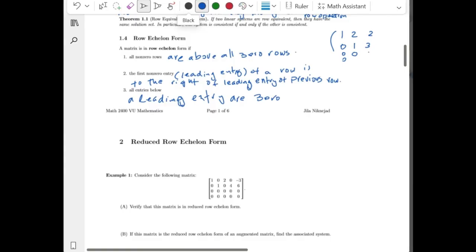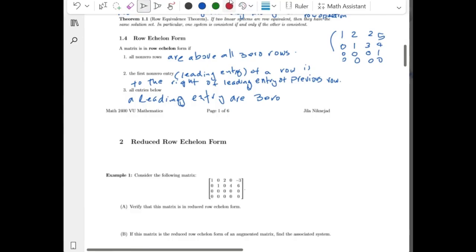It could be that you move on to the fourth row and have a leading entry there, and so on. If you have a row of all 0, it has to be on the very bottom. You can't have all zeros up here. That is bad. So the leading entries step toward the right side of the page.